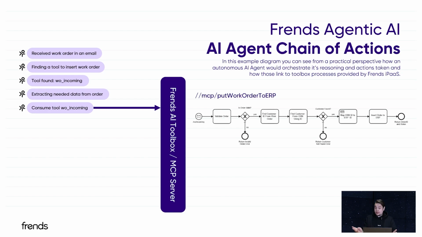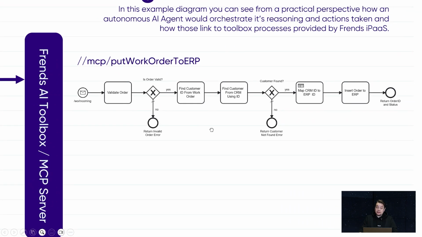And the cool thing to understand here now is the link between the reasoning that the AI is doing, being able to have transparent access to this reasoning log, and being able to link particular reasoning steps, like, for example, consuming that tool to a more traditional deterministic integration workflow or integration process, where we actually can now model out and put in those guardrails for the AI. So we can validate the order.